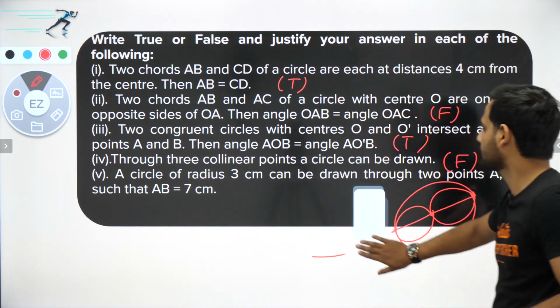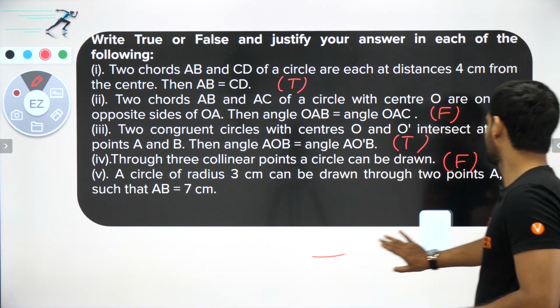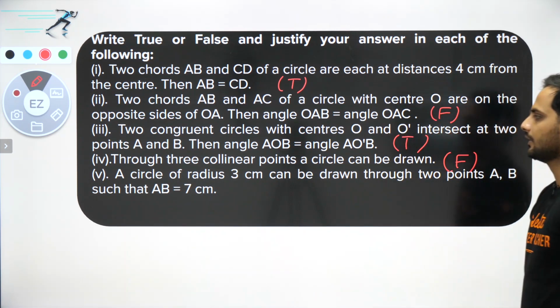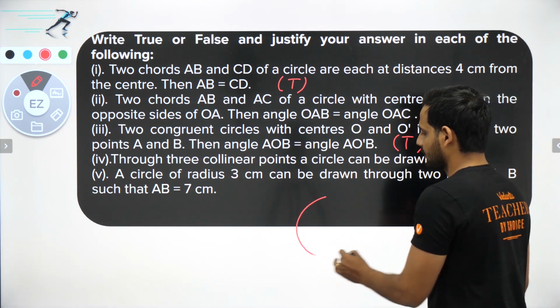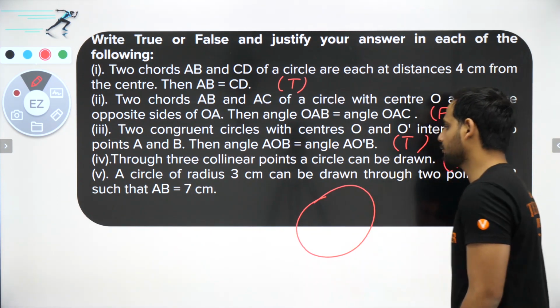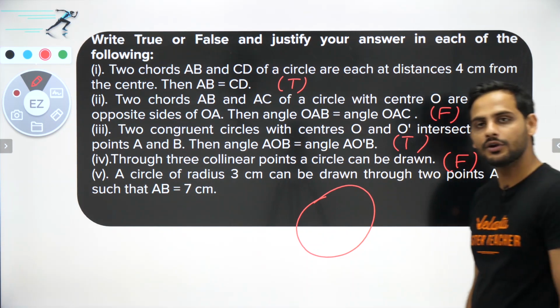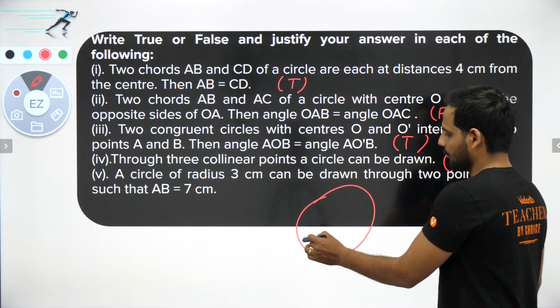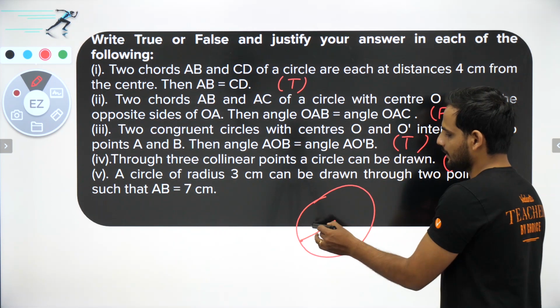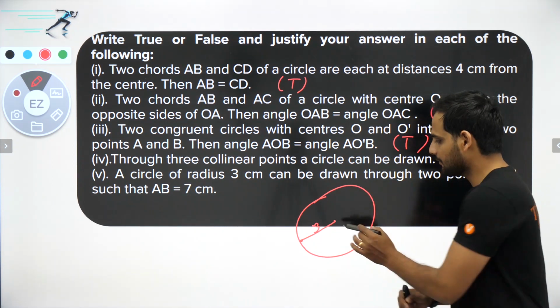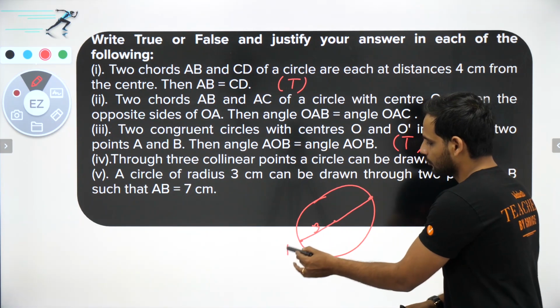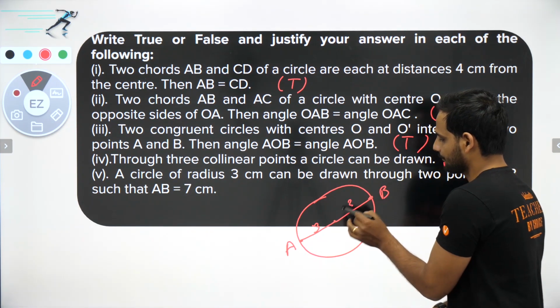a circle of radius 3 centimeter can be drawn through 2 points A and B such that AB is equal to 7 centimeter. So you have a circle of radius 3 centimeter. Okay, and 2 points you have A and B, and from A and B you have to draw a circle. So from A, any radius will be of 3 centimeter, correct? So the largest way A and B can be separated is when A and B form a diameter, correct?